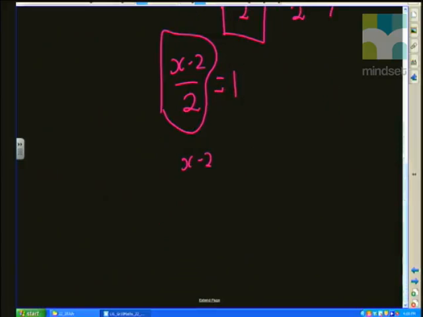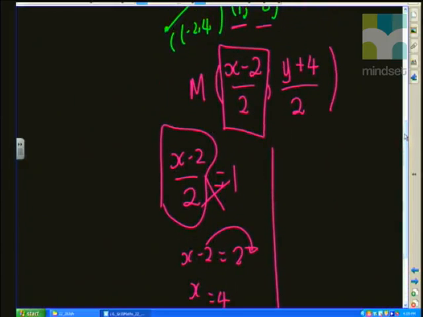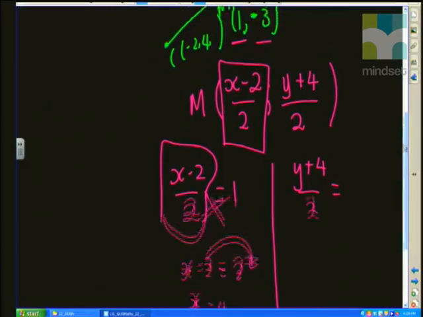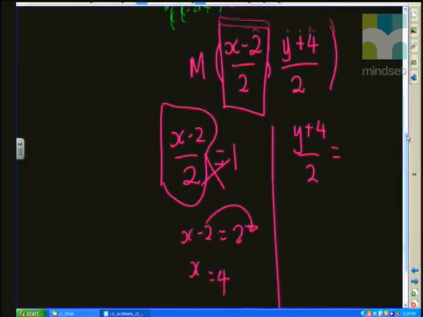I can then use that equation to solve for x. So I get x minus 2 is equal to 2. I just cross multiplied there. And we'll get x is equal to, take your minus 2 over to the right-hand side, 2 plus 2, which is 4. Similarly, for the y-coordinate, an expression is y plus 4 over 2, and that's going to be equal to the y-coordinate of the midpoint, which is minus 3.